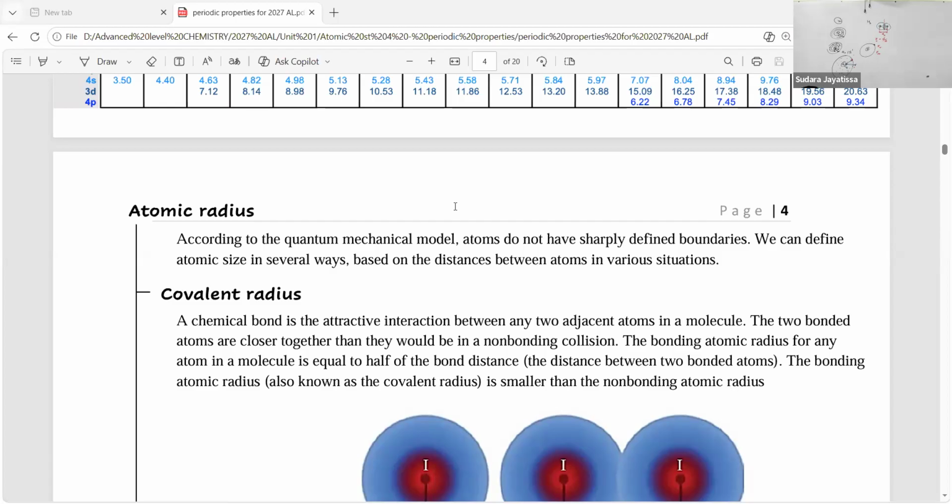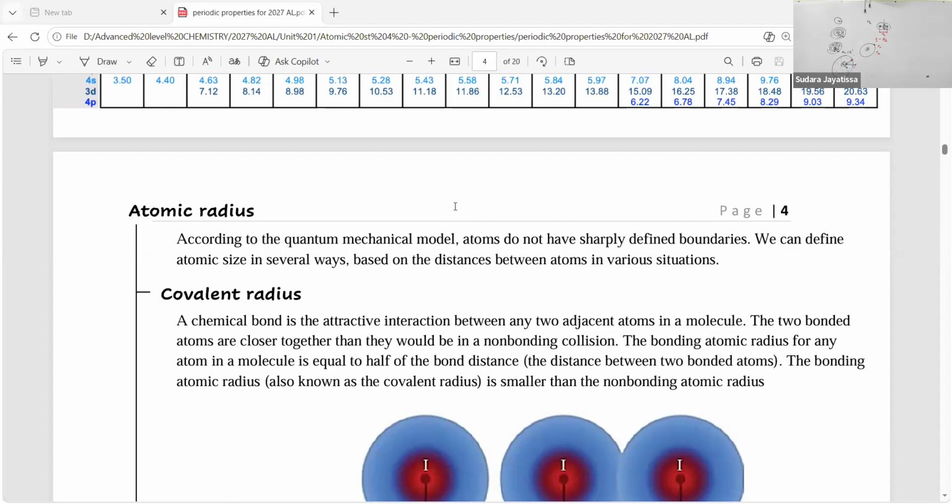Electrons are existing in probability clouds, not in certain tracks.